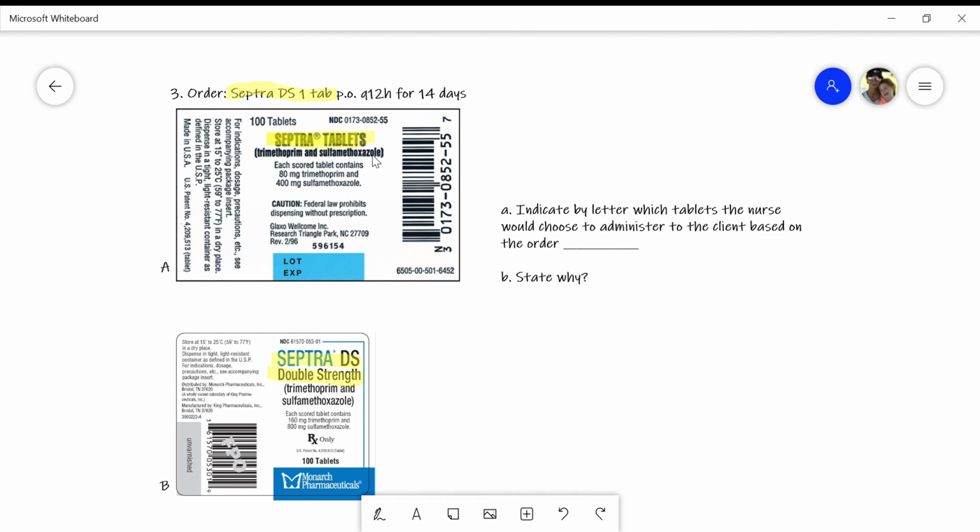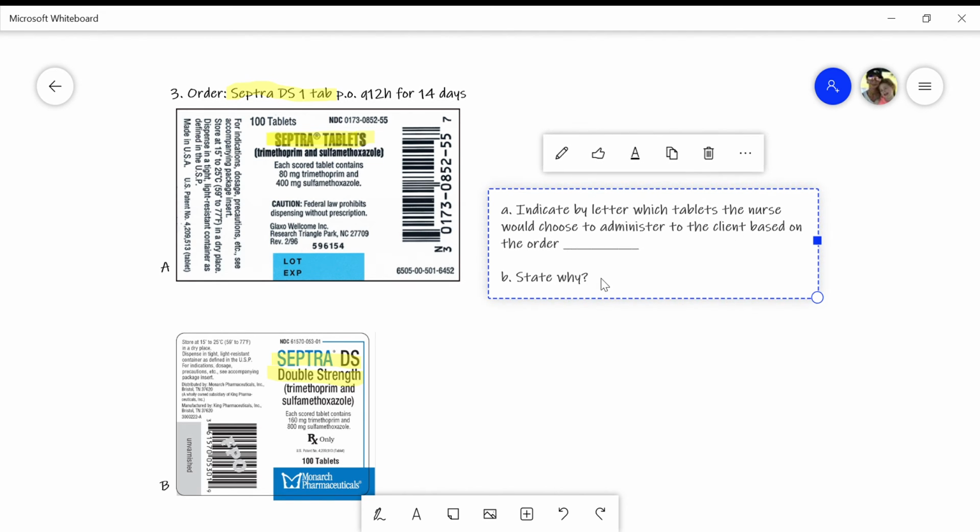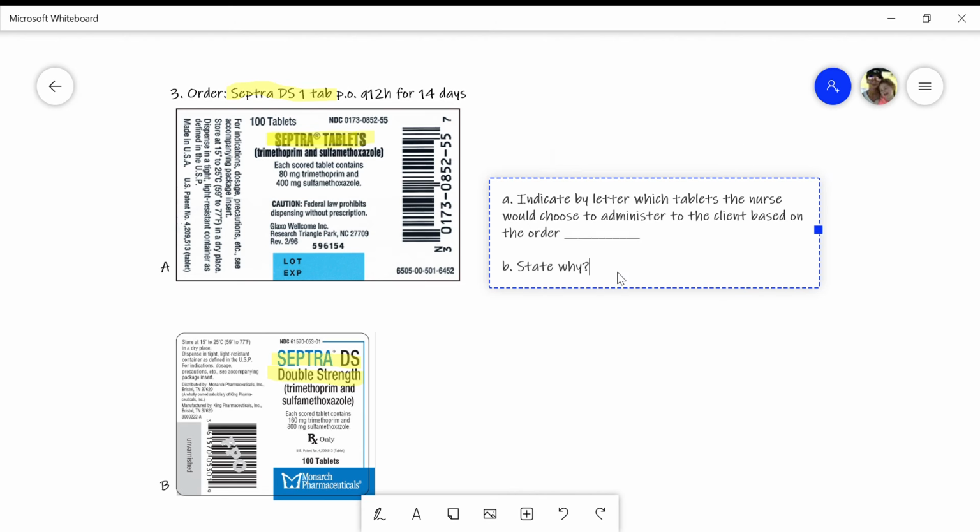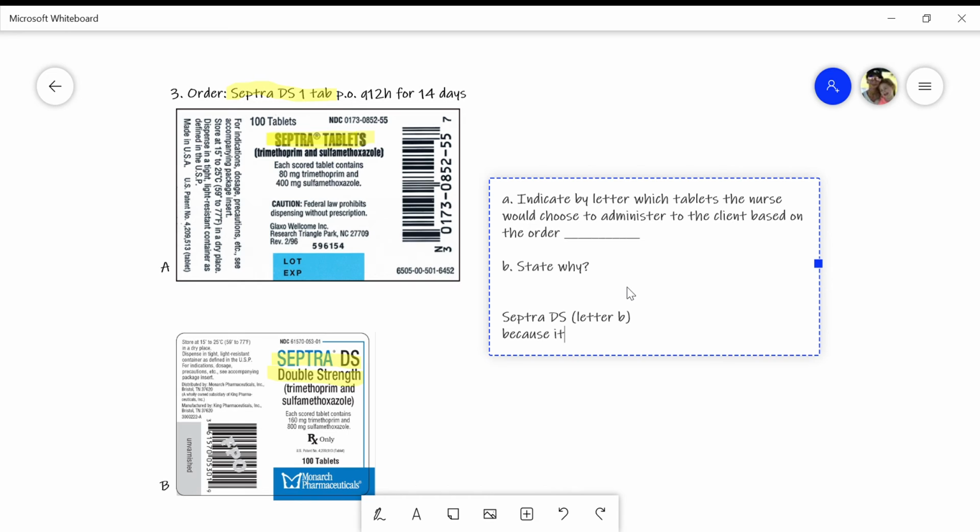So for that, it would be the Septra DS, which is letter B, because the order is asking for double strength.